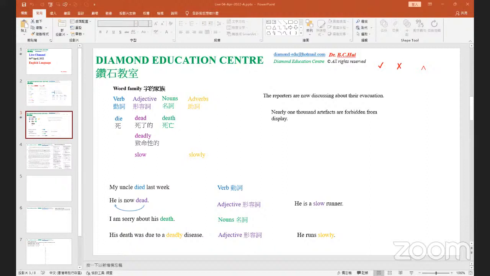We use present continuous tense if something happens right now only, not for something in the past or in the future. Only for now.